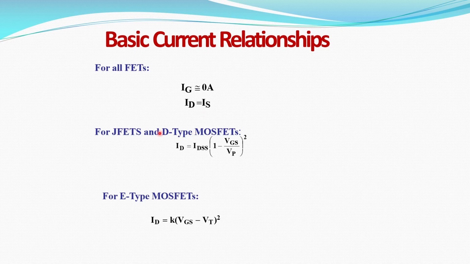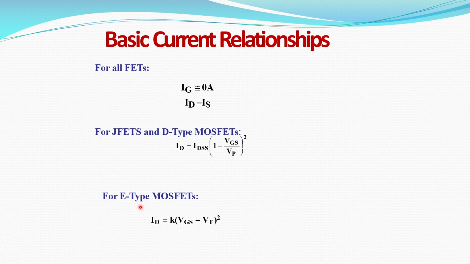And next, for the JFET amplifier, the equation I discussed in the previous slide, the drain current for JFET and D type MOSFET, is the same. So for JFET as well as for depletion mode MOSFET, the drain current is common: ID equal to IDSS into 1 minus VGS by VP, whole square.